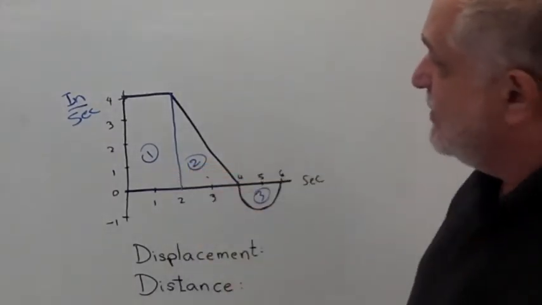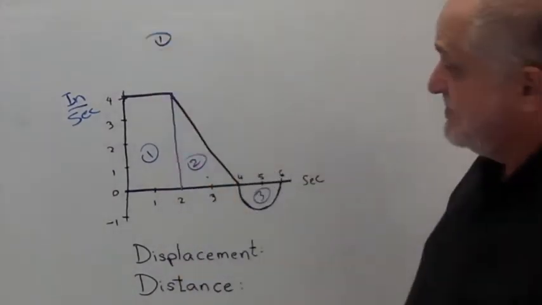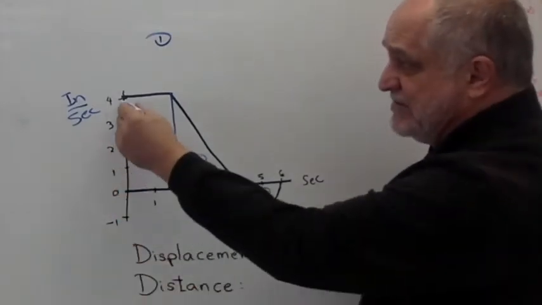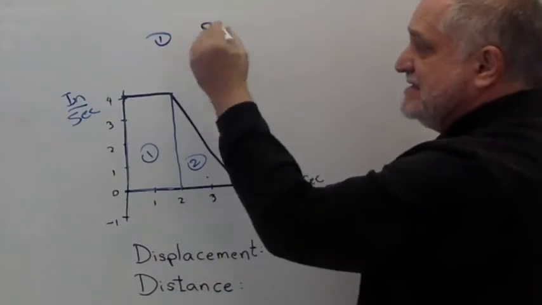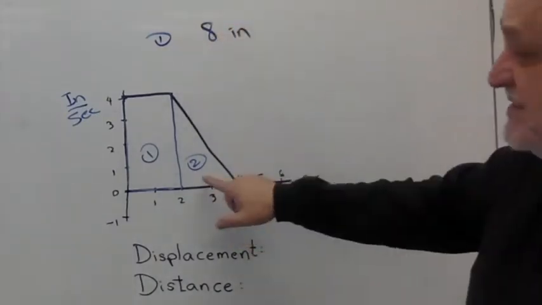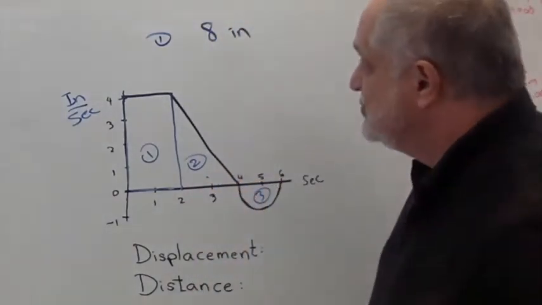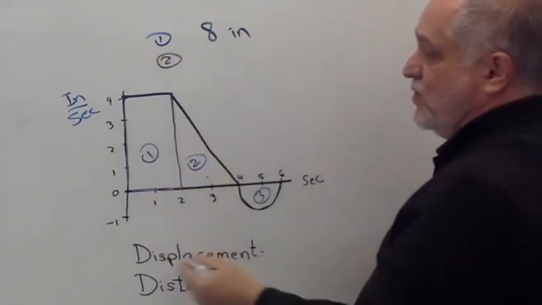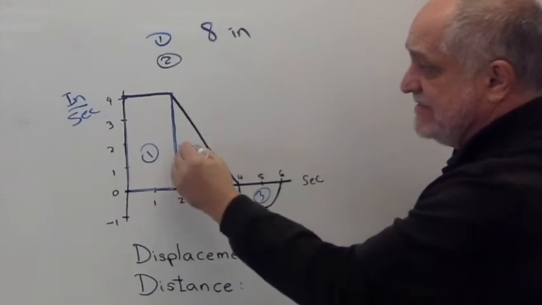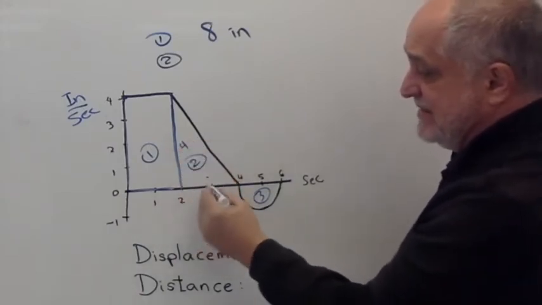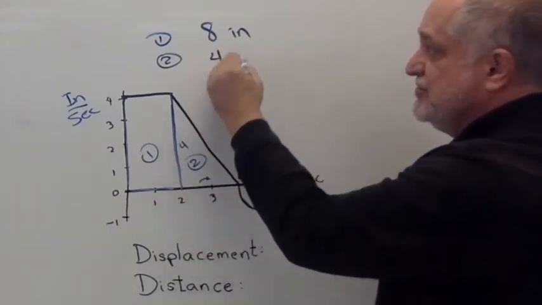So this rectangle, length times width, is 4 inches per second times 2 seconds, which is 8 inches. The second item that we've got is a triangle. The triangle is 1/2 the base times height. This height is 4, this base is 2, so we have 4 inches.